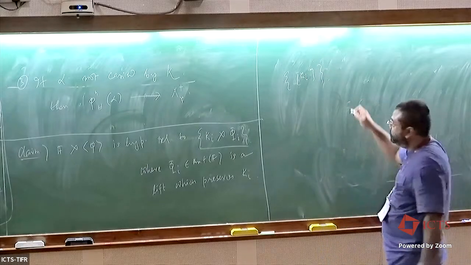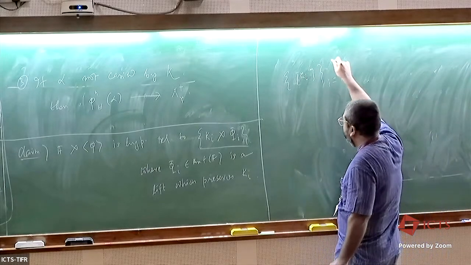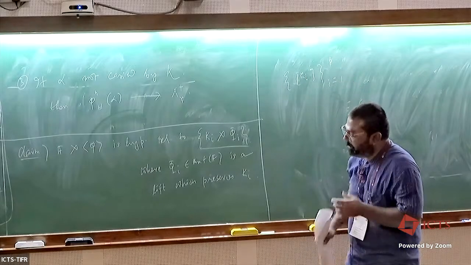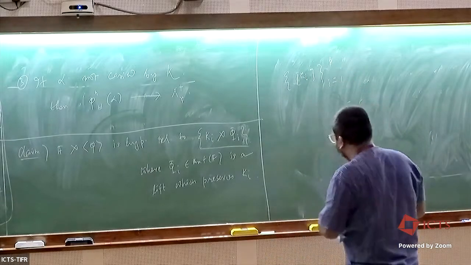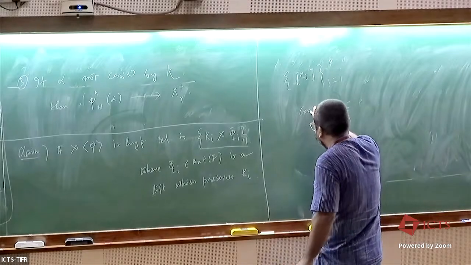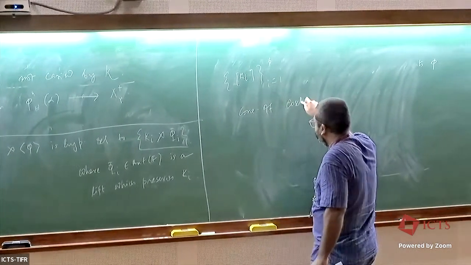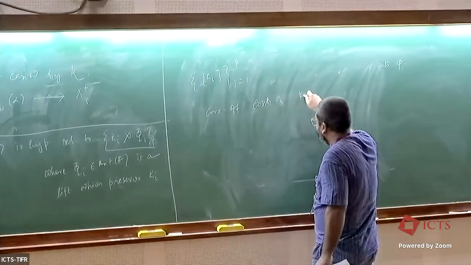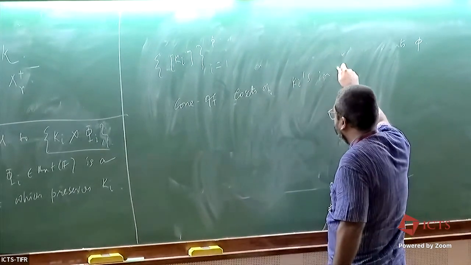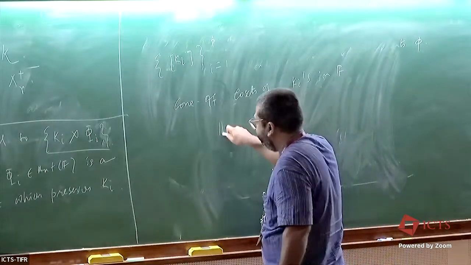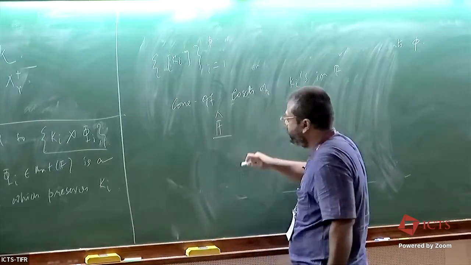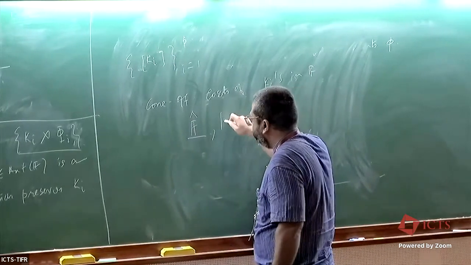Let's say this, whatever I have here. I'm going to cone off cosets of Ki's in F, and you get F hat with this metric here.